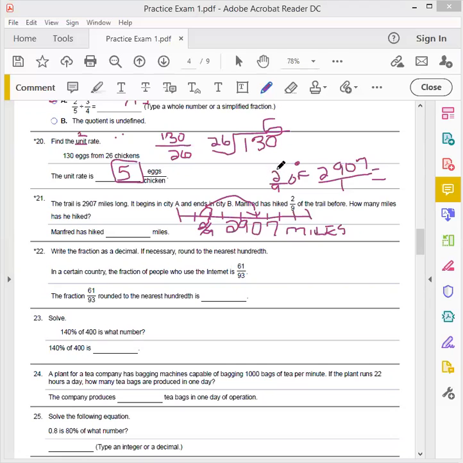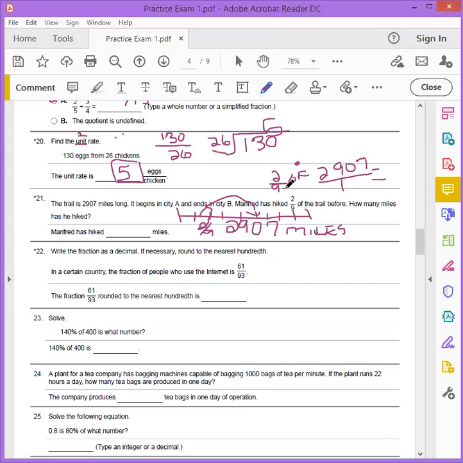Now, if you notice here, we have 2/9, and then we have 2,907 in the numerator, over 1. We still want to look at those terms that are diagonal to each other and see if we can reduce them. Look at the terms that are across from each other and see if we can divide anything into both numbers to get to our simplified answer quicker. Now that 9 and the 2,907 can be reduced.